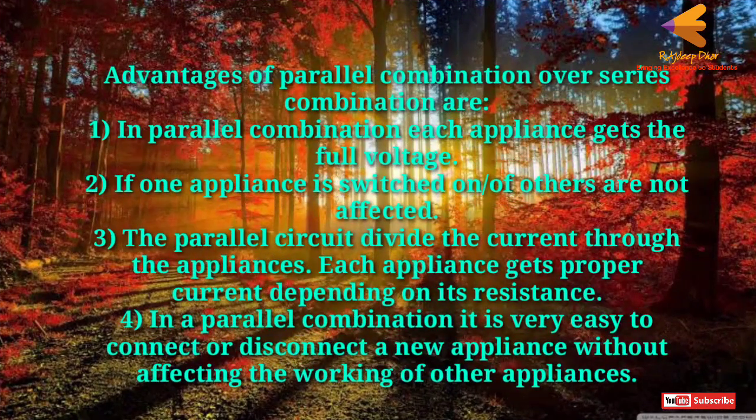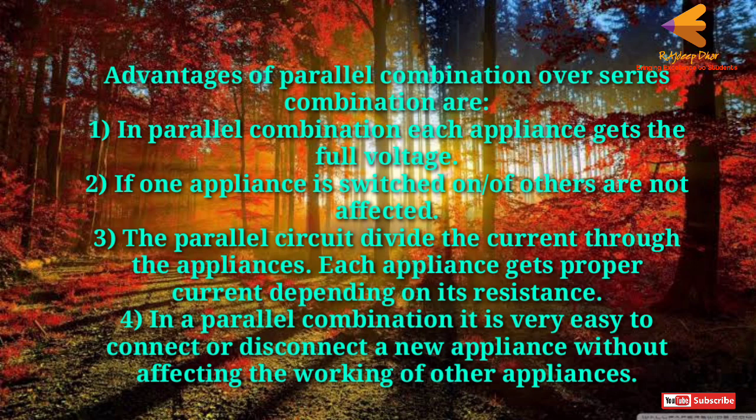So students, let us know the advantages of parallel combination over series combination. The first point is, in parallel combination, each appliance gets the full voltage. Second, if one appliance is switched on or off, others are not affected.